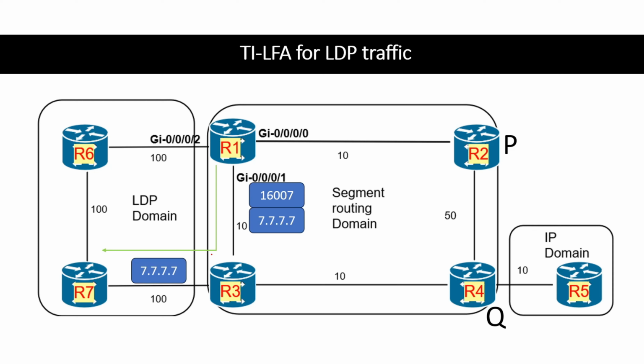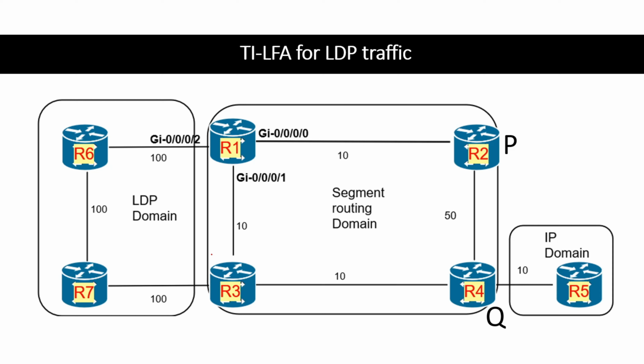And on the backup path, if you remember our earlier conversation, for the P node we need to push the prefix-sid. For the Q node we need the prefix-sid, and if it is a Q node then we push the adjacency-sid on top of the packet.